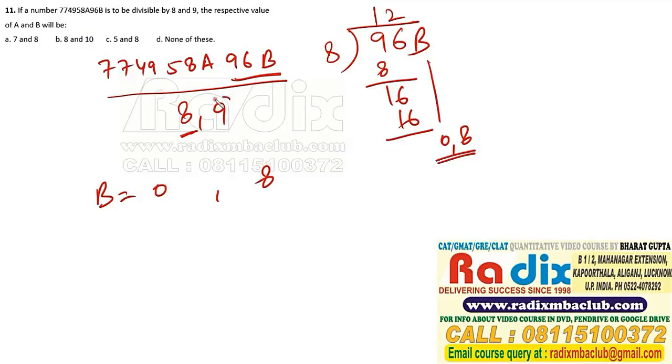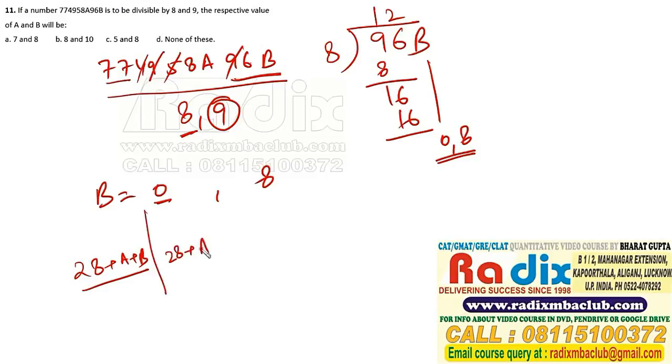Now for divisibility by 9 we will add all these digits and then check divisibility by 9. So what we'll do, we will cancel 9, 5, 4, 9, we will cancel 9, 6, 8, 14 and 14, 14, 28. So sum is 28 plus A plus B. Now when B is 0, sum would be 28 plus A, and when B is 8, sum would be 36 plus A. Now in this case, next value divisible by 9 would be 36.